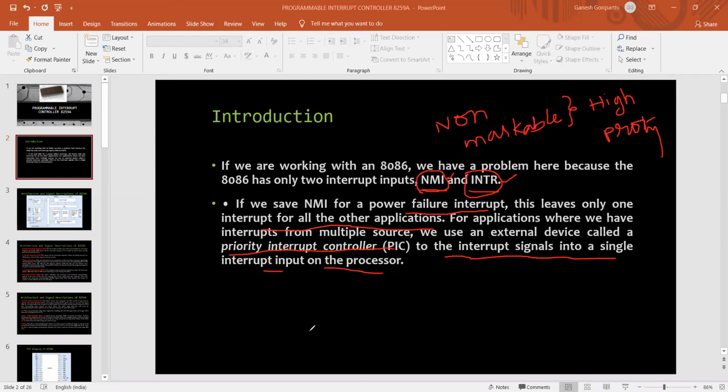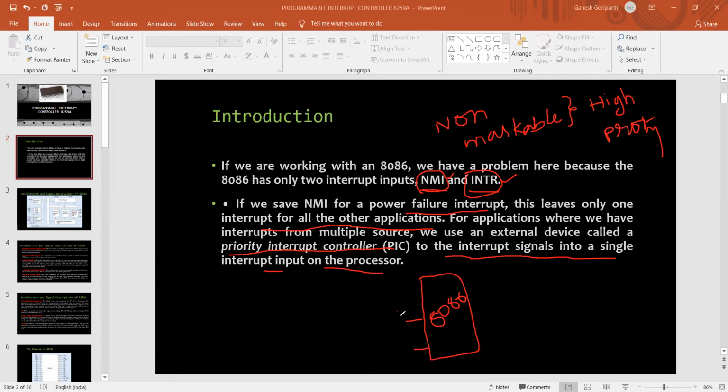Suppose what is happening here is we have 8086. Let me clear this point because this is very important. Let us say this is 8086. Just be patient. If you understand this basic, then the other things will be easy to understand. For this 8086, we have only two interrupt input signals.